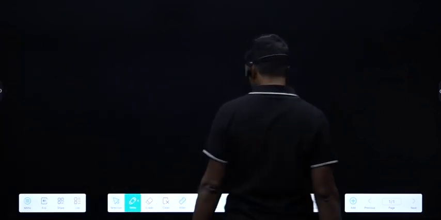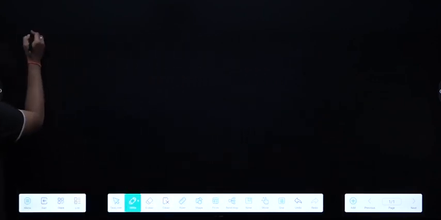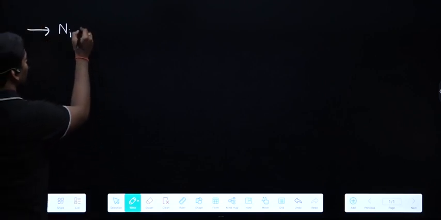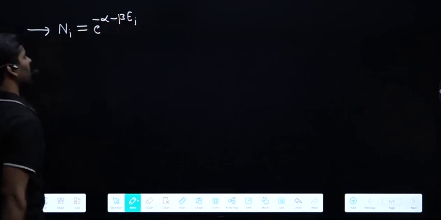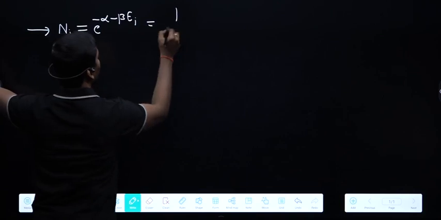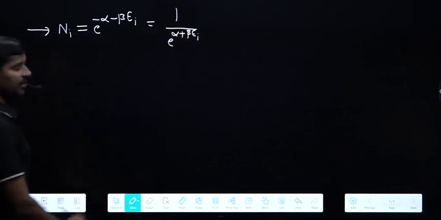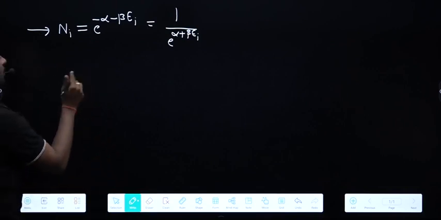Next, some other points regarding Maxwell-Boltzmann statistics. According to Maxwell-Boltzmann statistics, what is the expression for the number of particles present in the ith energy level? The formula is e power minus alpha minus beta ei, or we can write it as 1 by e power alpha plus beta ei. Alpha and beta are constants.